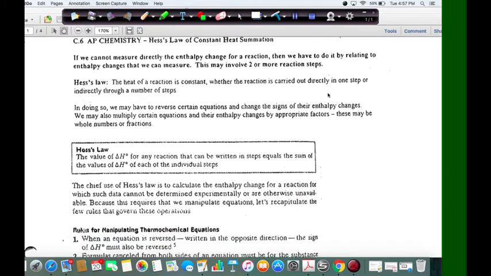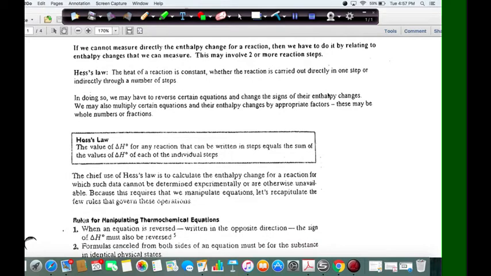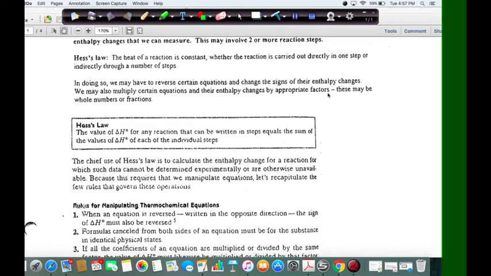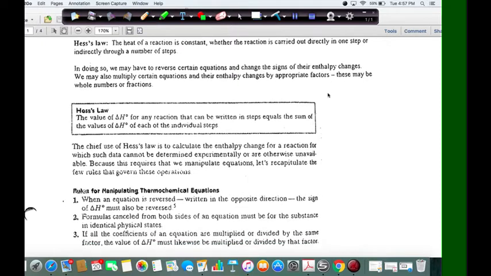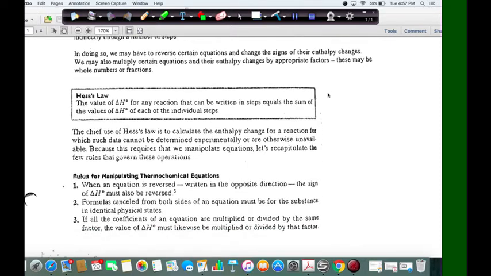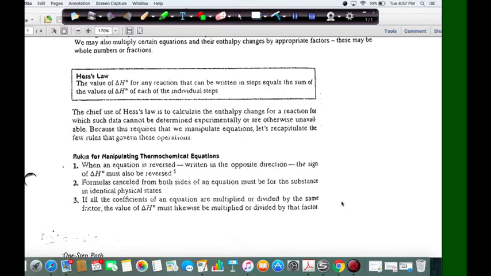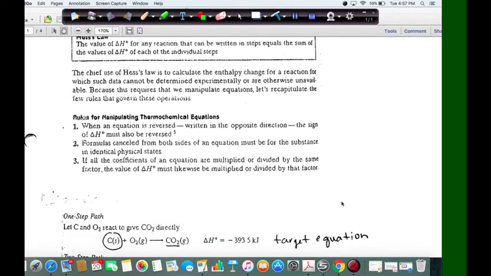It says here the chief use of Hess's law is to calculate the enthalpy change for a reaction for which such data cannot be determined experimentally or is otherwise unavailable. We can do it by manipulating equations, and I think showing you by example will be the best way to do that. There are some rules here we'll refer back to as we try a couple of problems.